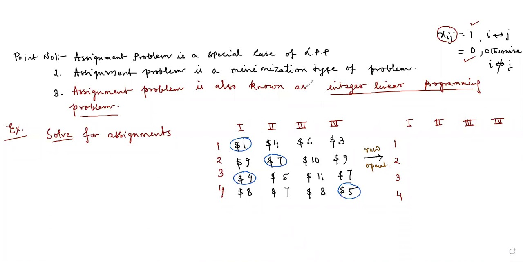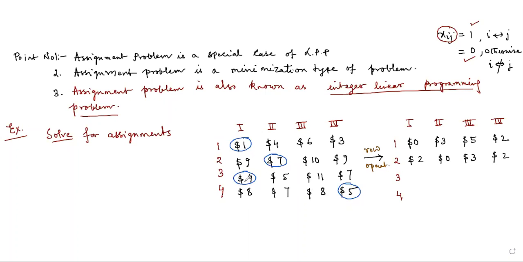So I'm going to apply the row operation. Let us keep the dollar sign. So it is $0, it is $3, it is $5, and this is $2. Now next comes this one, 2, 0, 3, and 2.